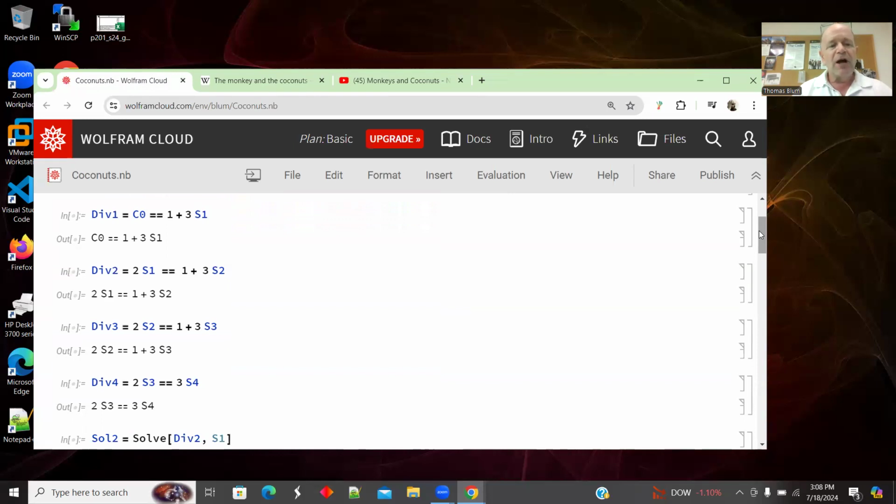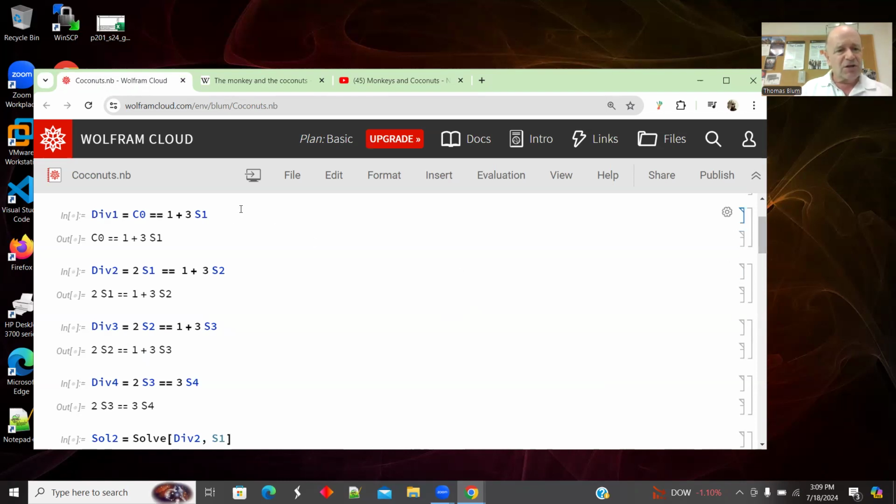The original C0, the original amount of coconuts, is divided by the first division by sailor number one into three, with one left over that is given to the monkey. So you see the one there, you see the 3s1. Then that sailor takes his share away, and then there is the second division.